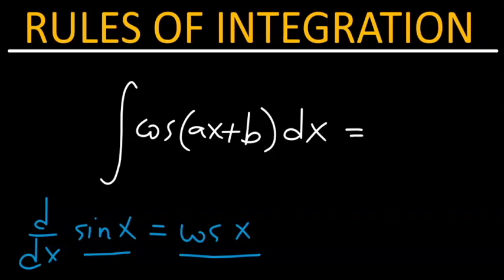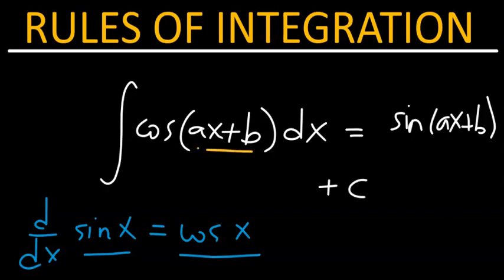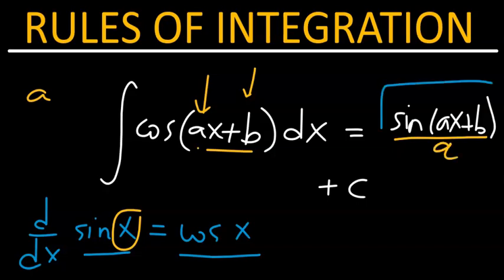So our guess would be sine of (ax plus b) plus a constant. In this case, the argument is a little bit more complicated than just x. You have ax plus b, where a and b are constants. So when you differentiate ax plus b, you simply get a, and that a should be written at the bottom like that. And this is the complete result of integrating this function with respect to x.